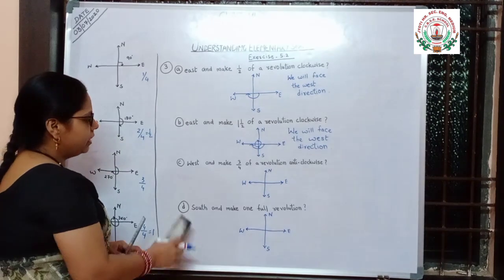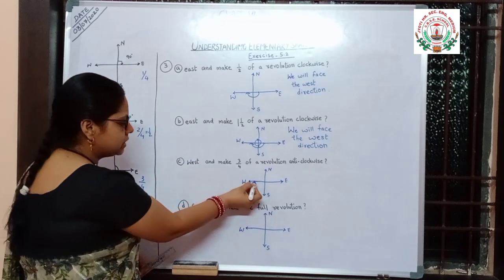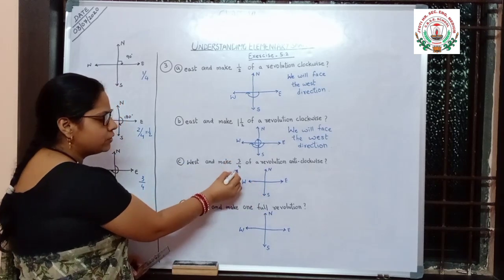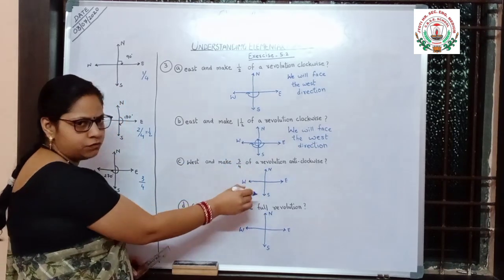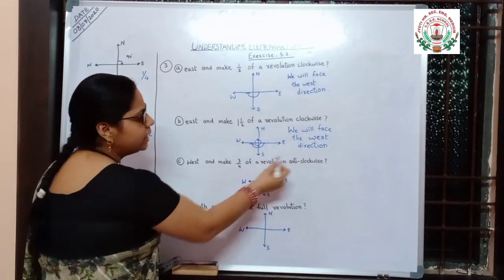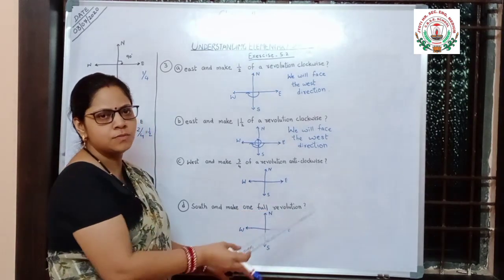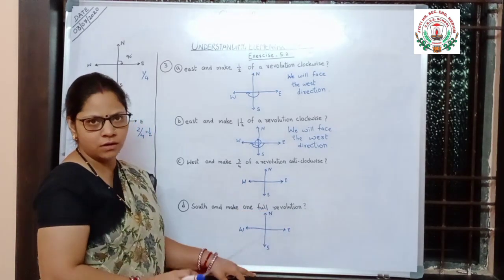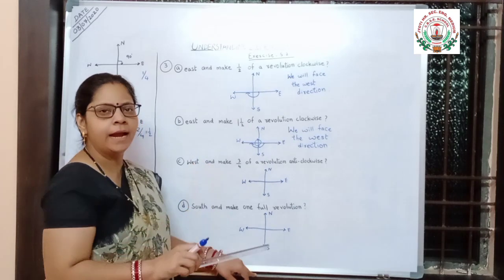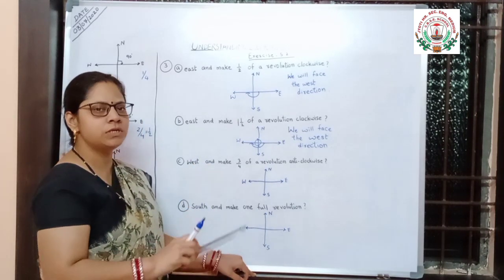Now again starting from the west direction and making 3/4 of a revolution. Means out of this 4 covering 3 of the parts of a revolution anti-clockwise. Now what is this anti-clockwise? Anti-clockwise means in the opposite direction of the clock, how the hour or minute hand in the clock moves. In the opposite direction of that.